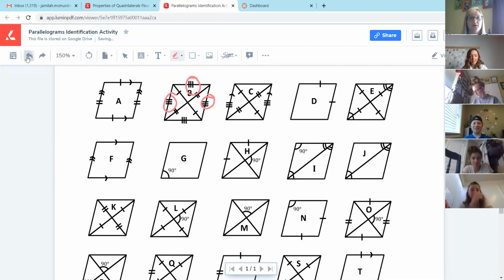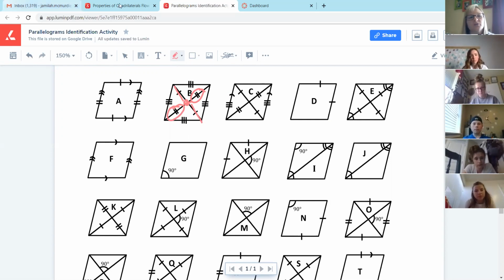Let me show you. On the diagonals, if this piece is congruent to this piece, and this side is congruent to this side, then this point in the middle where they meet is the midpoint of both of them, or those two diagonals are bisecting each other.